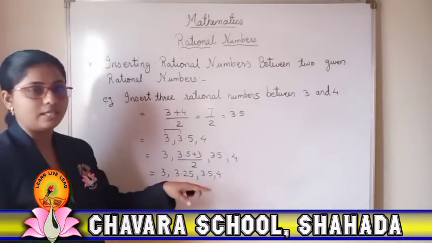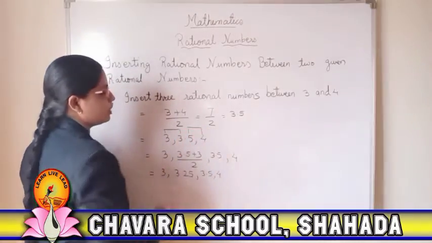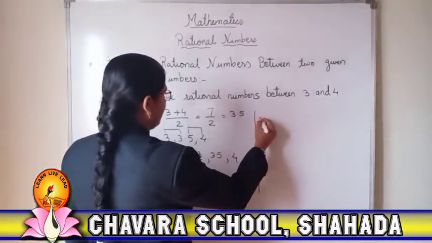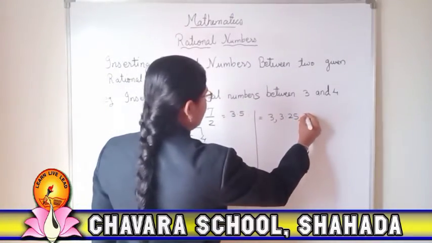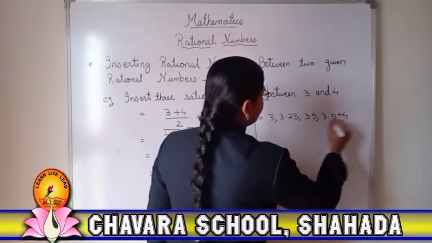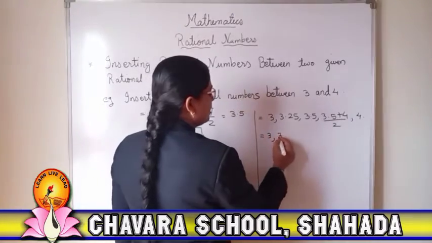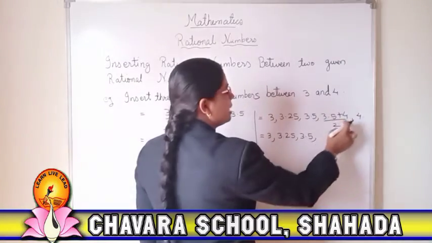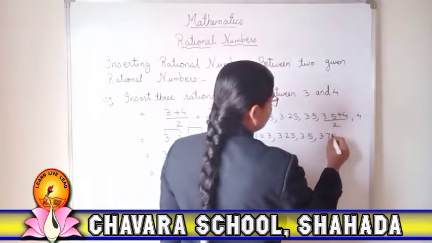Now again, the third rational number. For finding the third rational number, we will add these two and divide by 2. So here I am doing (3.5 + 4)/2. 3.25 as it is, 3.5 as it is, and when we add and divide by 2, we will get the answer as 3.75.